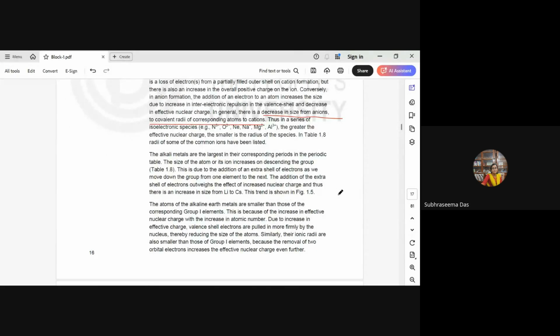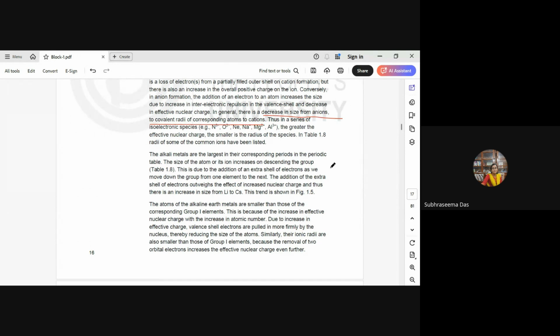Now we know that the alkali metals are the largest in their corresponding periods in the table. When we start with the second or third period, the alkali metals, that is the group 1 metals, have the largest size in that period.